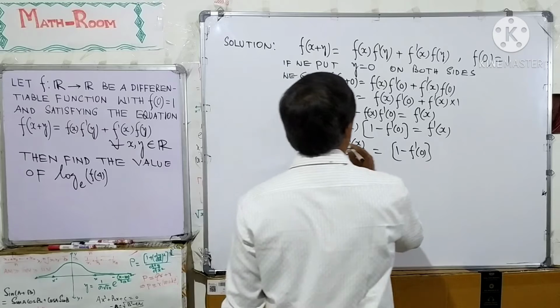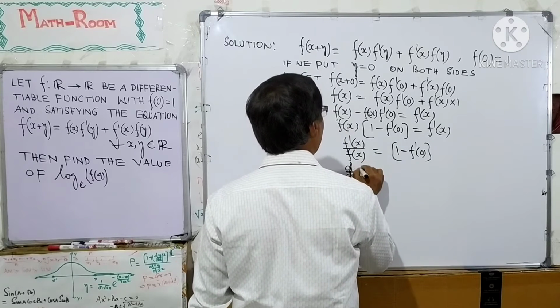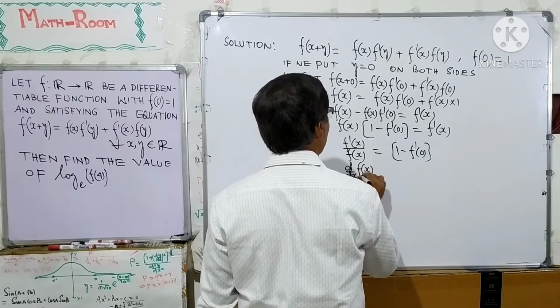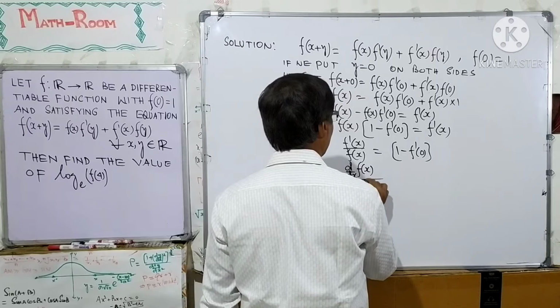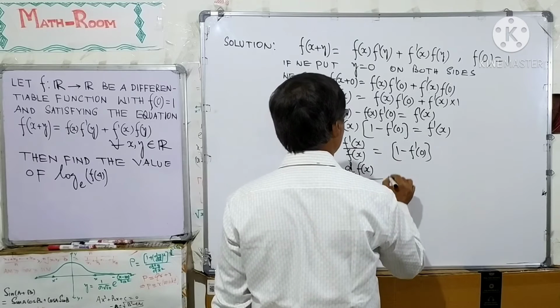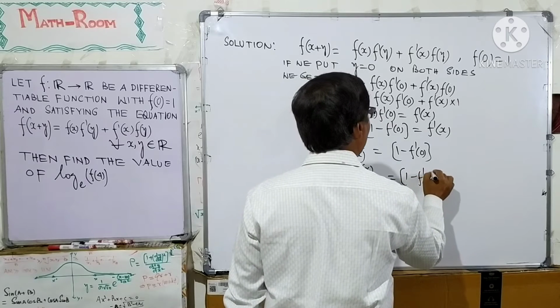So, we can write d/dx of f(x) over f(x) equal to 1 minus f'(0).